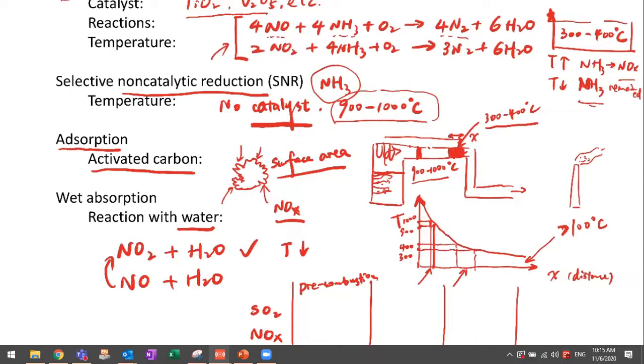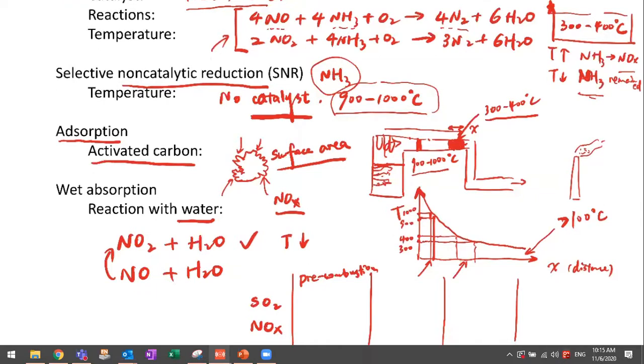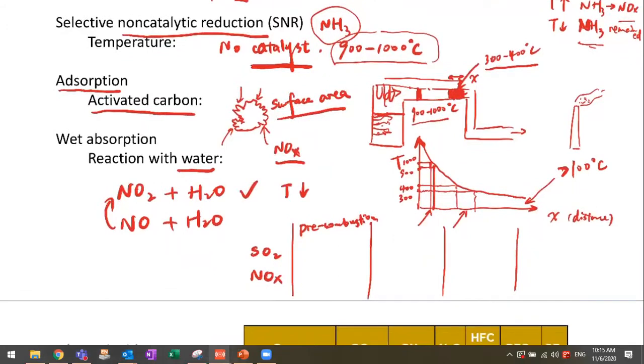You remember the reaction between sulfur dioxide and hydrogen sulfide, forming solid sulfur out of it and using that as a raw material for fireworks, right? So that's the pre-combustion method.